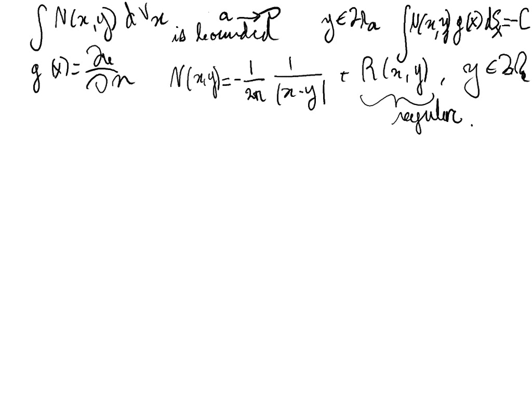So I'm going to say it differently. It's not a regular function, but the asymptotics of r compared to this first term is much less than 1 over x minus y.